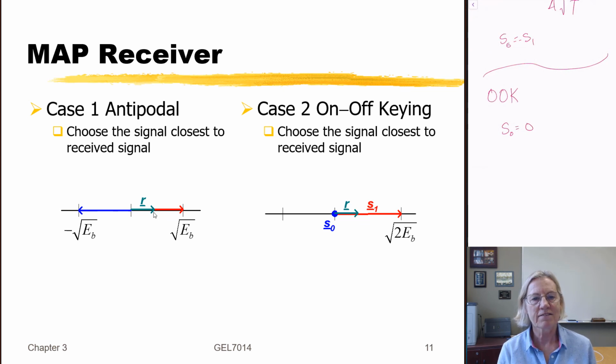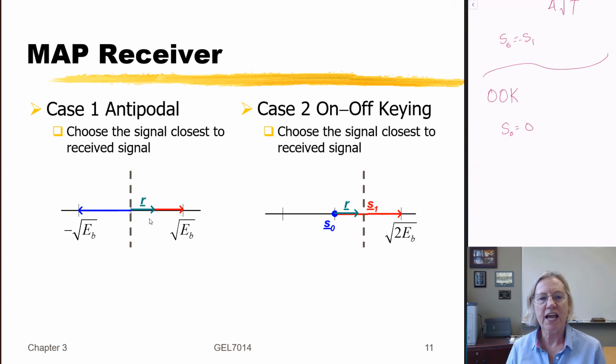And of course, the received signal in this case is closer to the positive or the logical one. But if I don't want to actually calculate distances, what I can do is instead use these thresholds. And I know that the equivalent of saying choose the closest signal is compare the signal to a threshold located at the midpoint. So notice that the threshold falls in different positions in these 2 cases. In this case, for antipodal, it's located right on the origin.